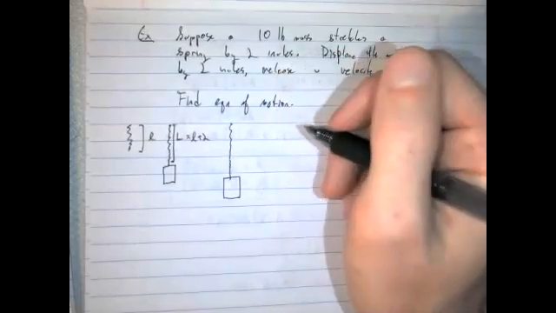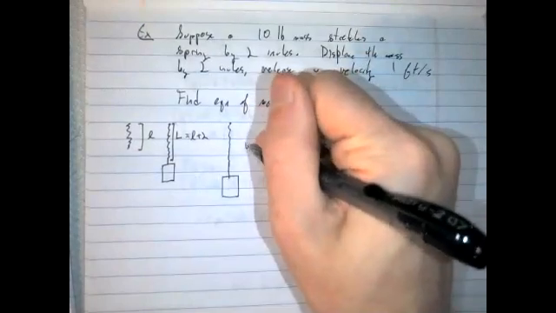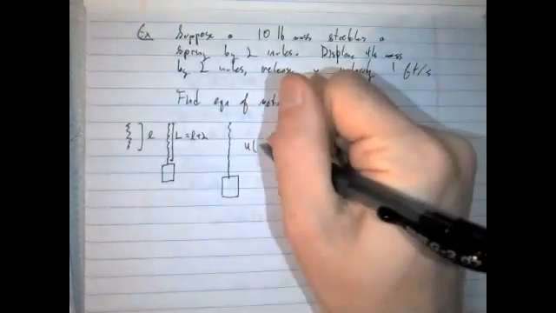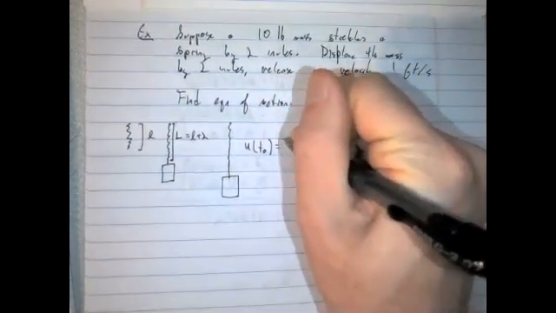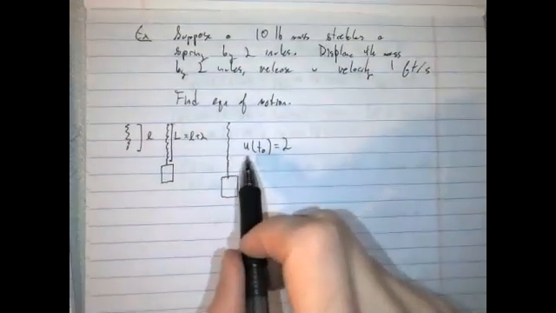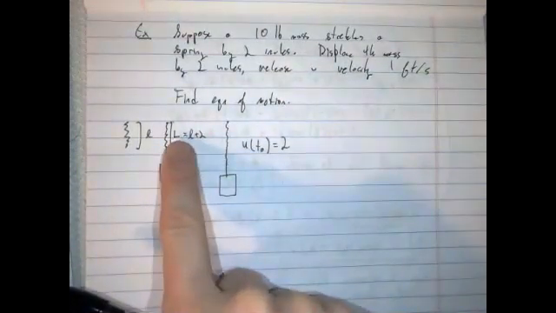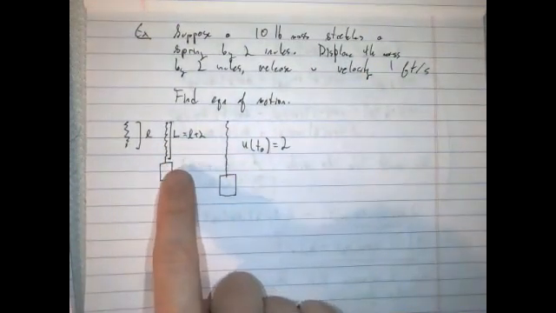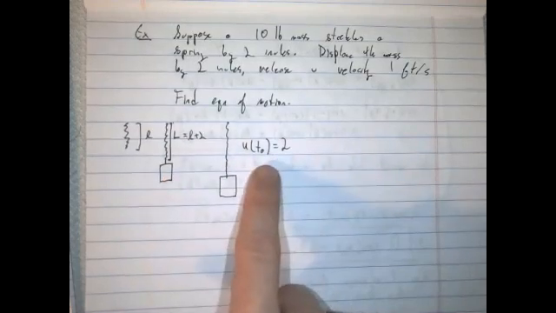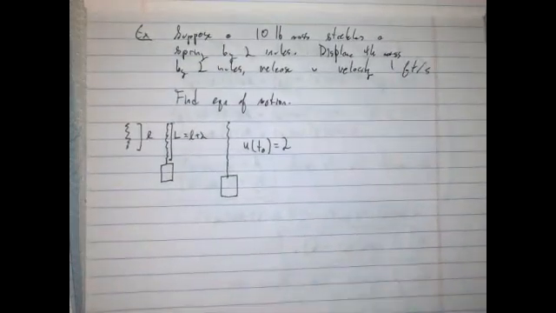So in other words, u of t0 is equal to 2. We've displaced this mass spring system by 2 more inches from the resting state of the mass spring system. So this is giving us one part of our IVP. What's the second part of our IVP?